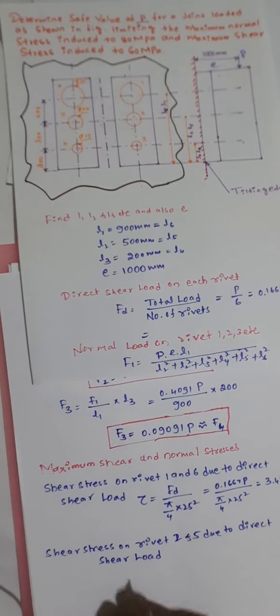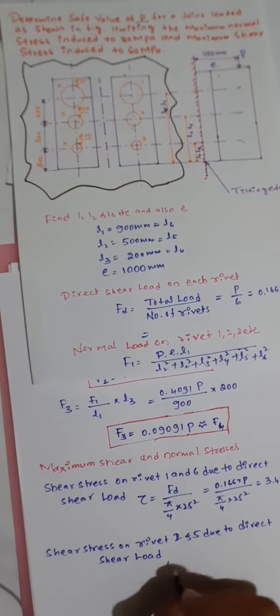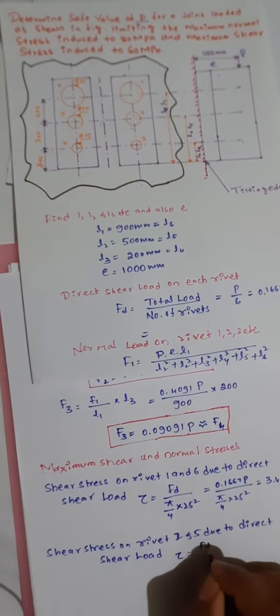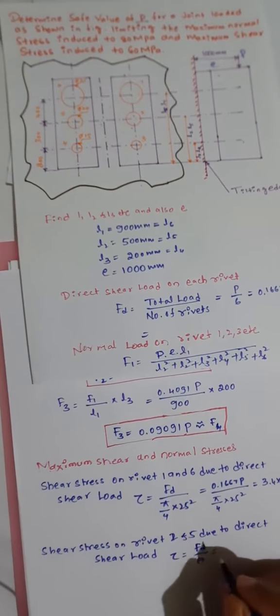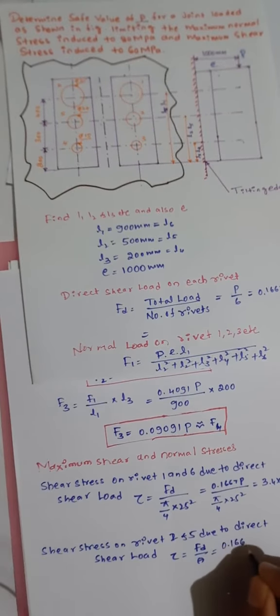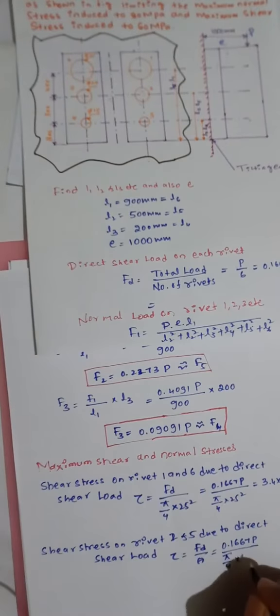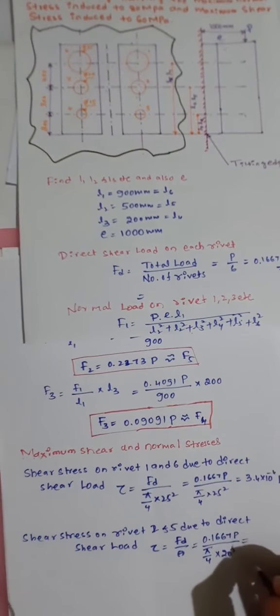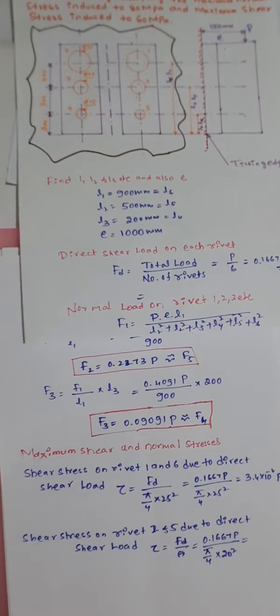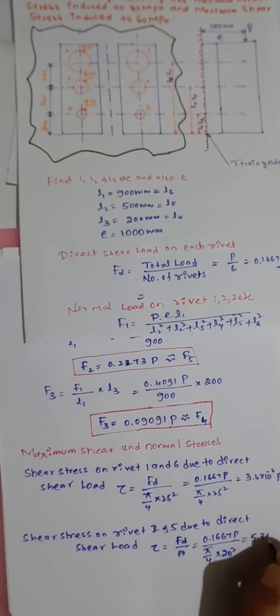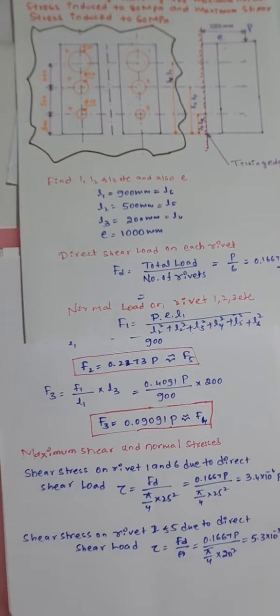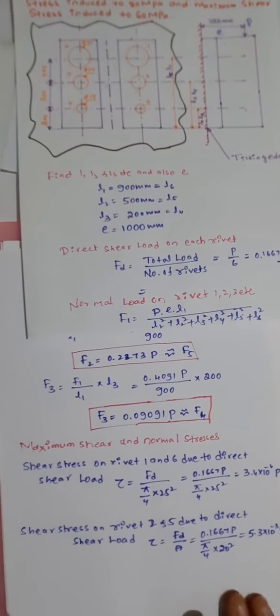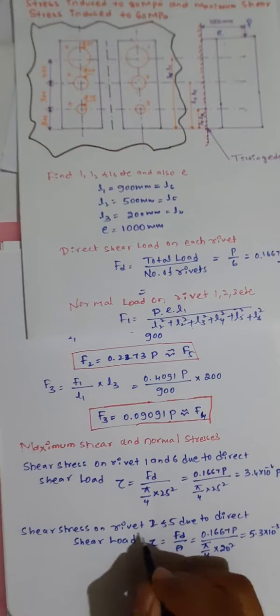You can find tau is equal to Ft divided by A. If you substitute that value, 0.1667 P divided by 5/4 into the diameter of the second rivet, which is 20 mm, so 20 square. If you simplify this, we'll get 5.3 into 10 to the power minus 3 P.